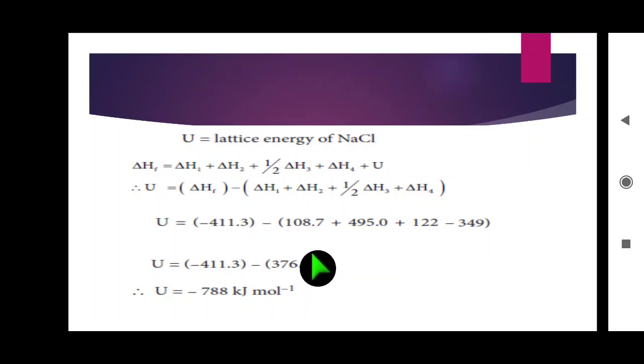376.7 is subtracted from minus 411.3. Minus minus is positive, meaning we have to add them, and the symbol is negative. So minus 788 kilojoule per mole will come.